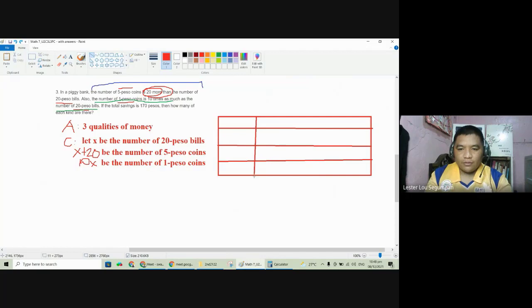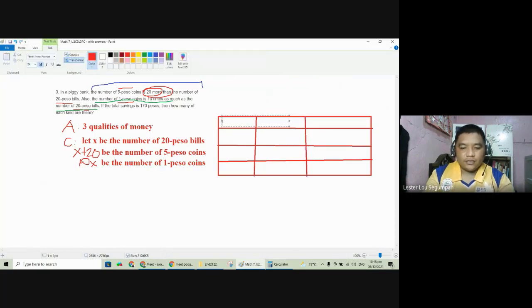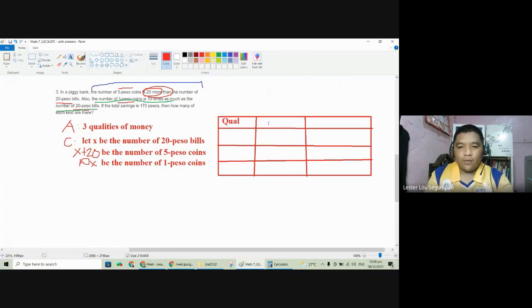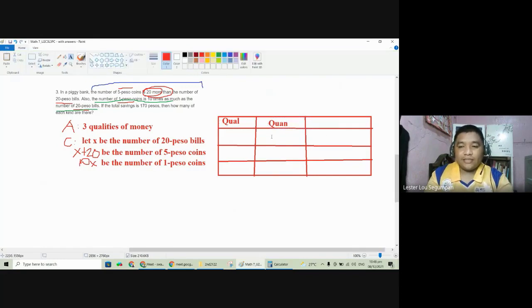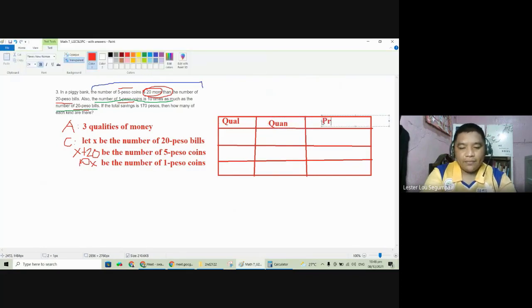Sorry, it's not that straight. So you have here the quality, the quantity, or you might interchange them. No worries about that. And again, we will use product then amount so that it will not be misconceived as the given total savings as well.